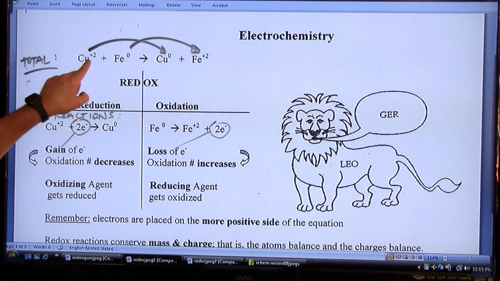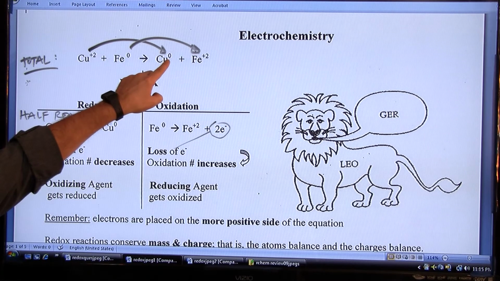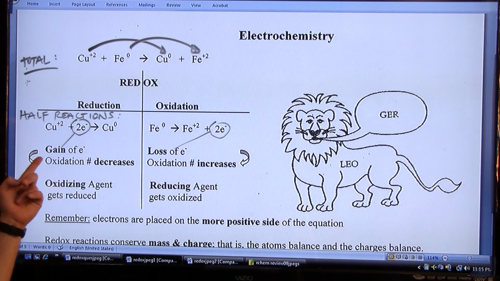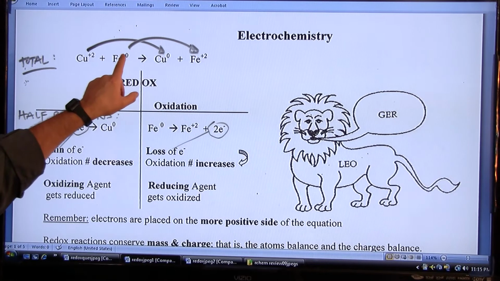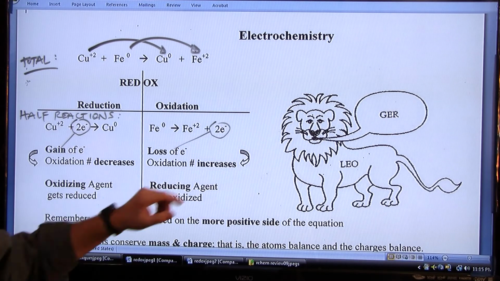So copper plus 2, when it gains electrons, its oxidation number drops down to 0. So in other words, its oxidation number decreases. So as a result of the gain of electrons, oxidation number decreases. And the iron, just the opposite. It's going from 0 to plus 2. Its oxidation number is increasing. So oxidation leads to an increase in oxidation number.